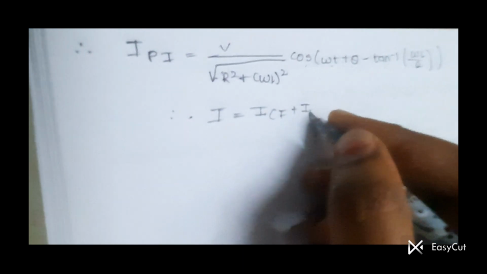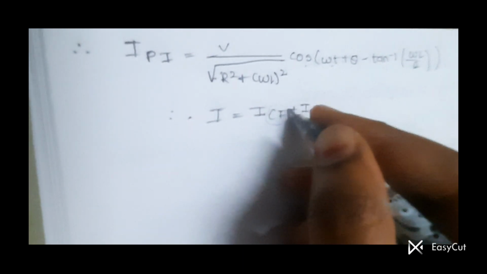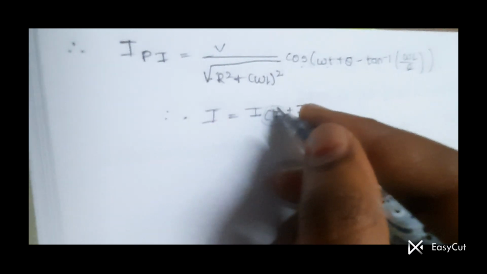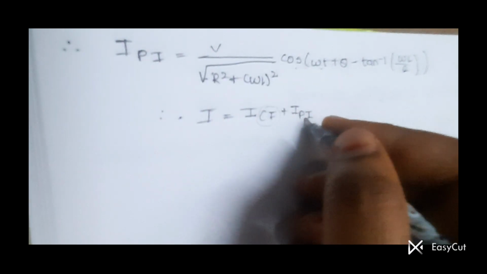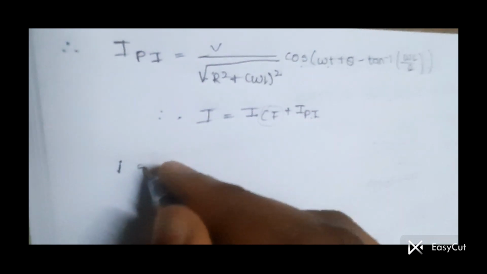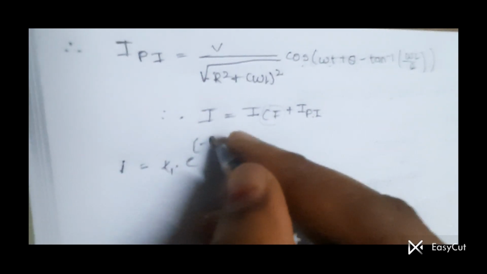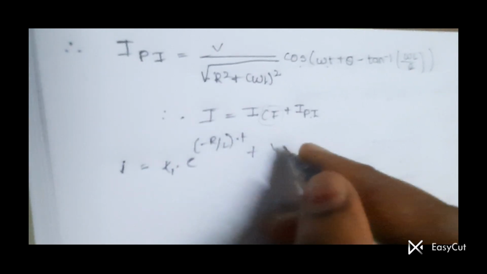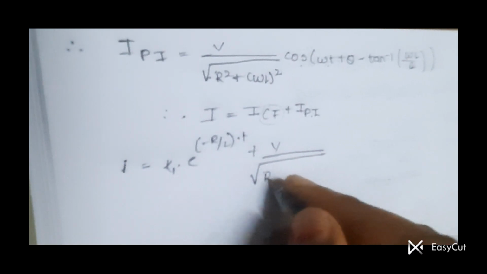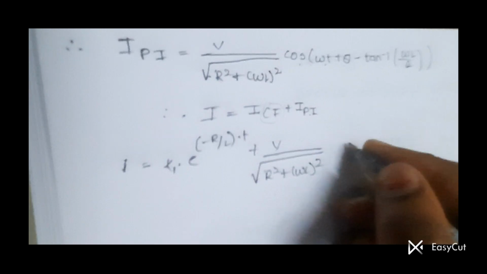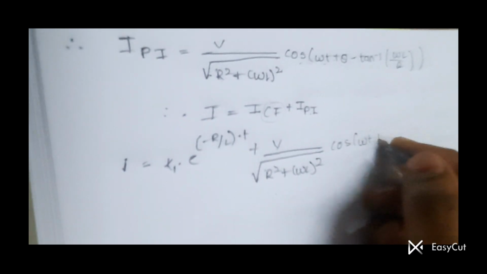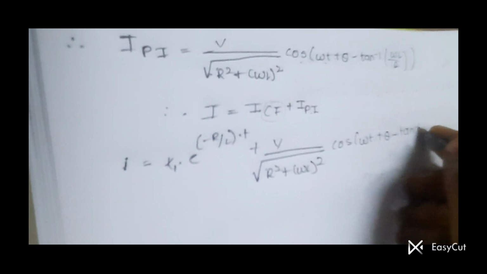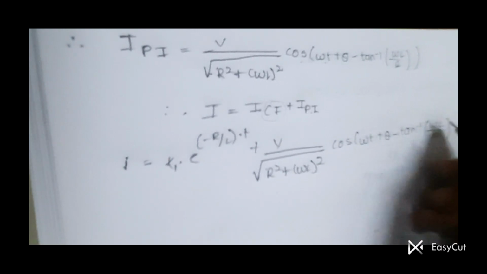Therefore, I equals ICF plus IPI, that is complementary function plus particular integral. That is, I equals K1 into e power minus R by L into t plus V by under root R square plus omega L whole square into cos of omega t plus theta minus tan inverse of omega L by R. Here we need to find K1.